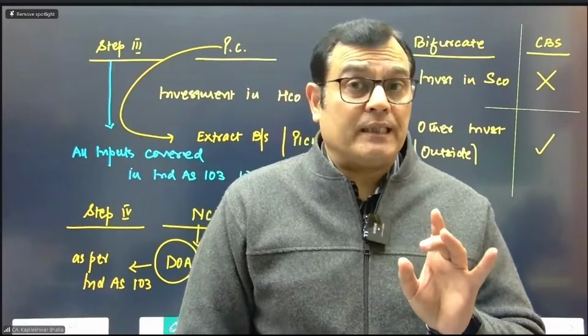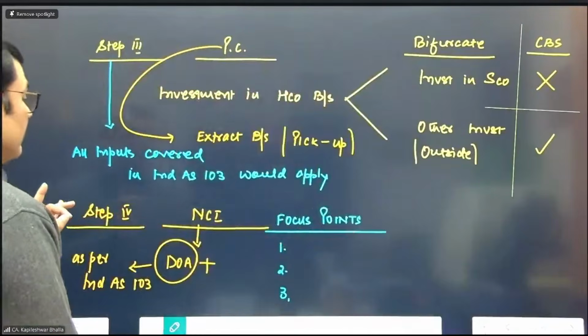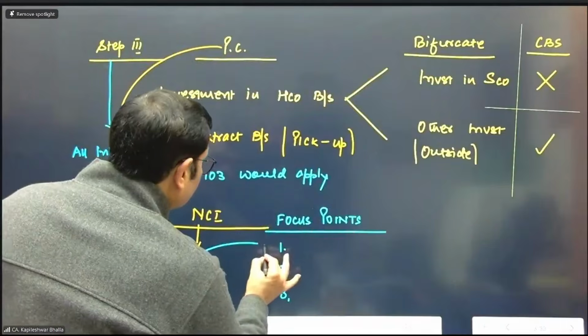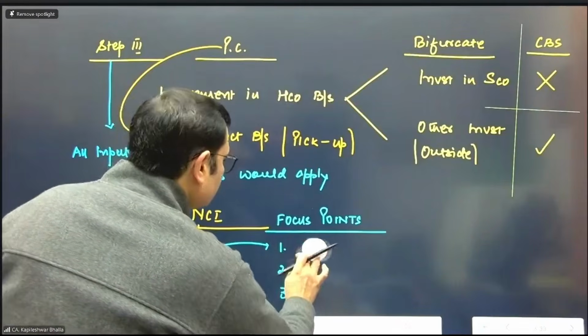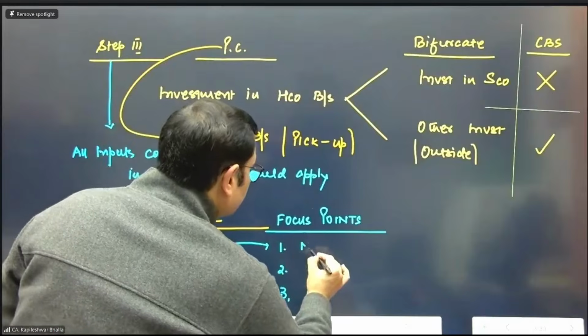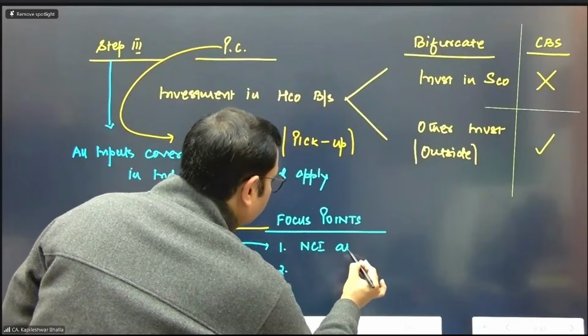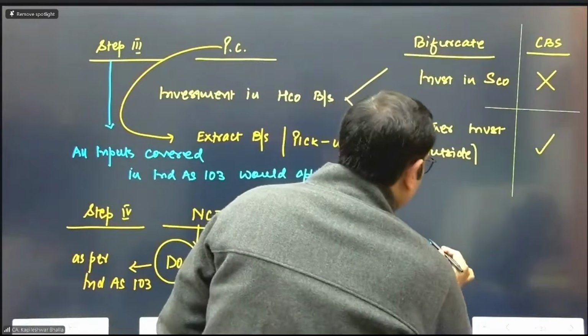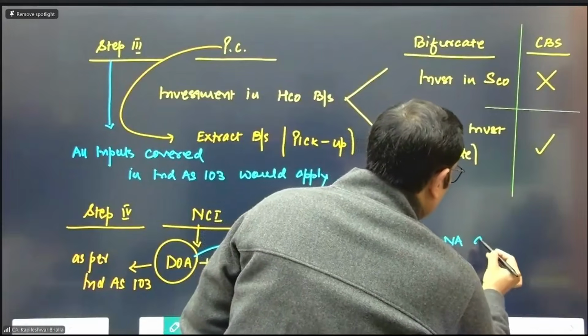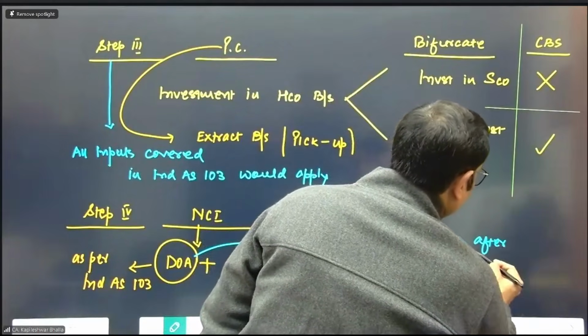In terms of NCI, the 3 focus points are: number 1, when you consider the NCI at PUSNA, in this particular case, we'll take the net assets after dividend.